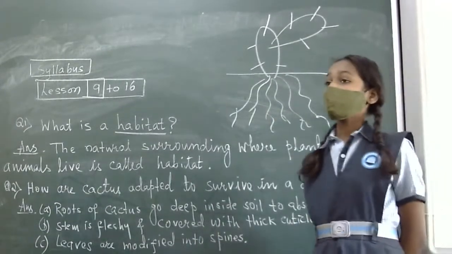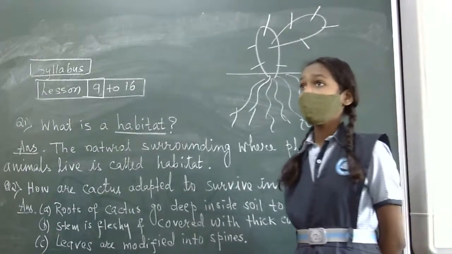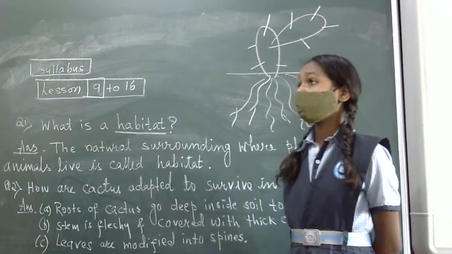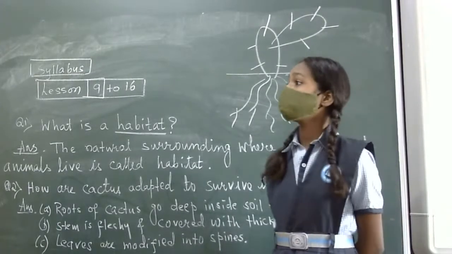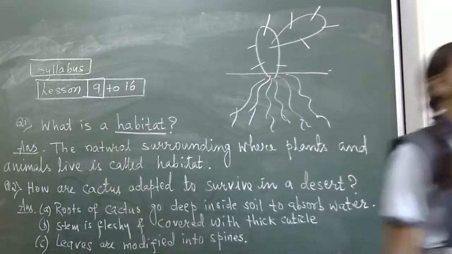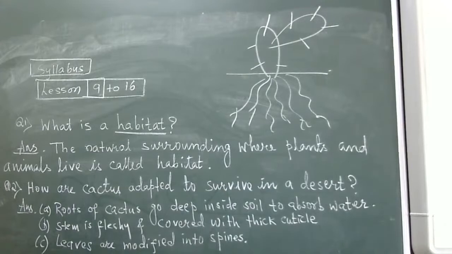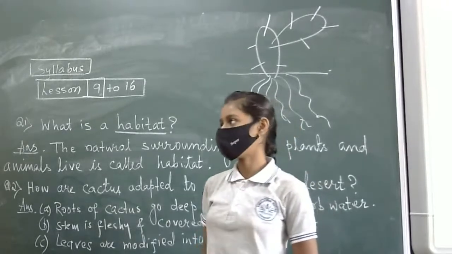The natural surrounding where plants and animals live is called habitat. You. The natural surrounding where plants and animals live is called habitat.